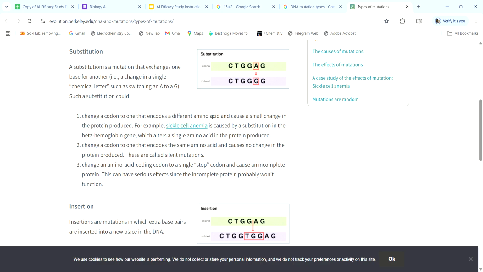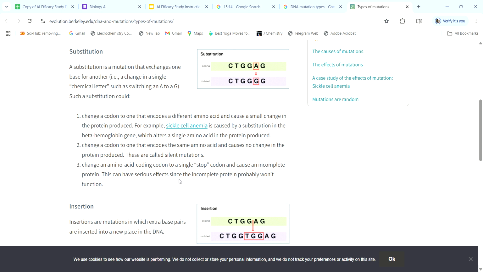For example, sickle cell anemia is caused by a substitution in the beta hemoglobin gene, which alters a single amino acid in the protein produced. It could change a codon to one that encodes the same amino acid and causes no change in the protein produced. These are called silent mutations. It could change an amino acid codon to a stop codon and cause an incomplete protein. This can have serious effects since the incomplete protein probably would not function.